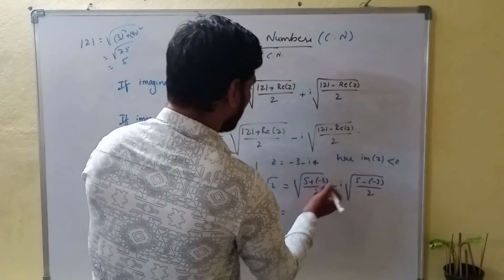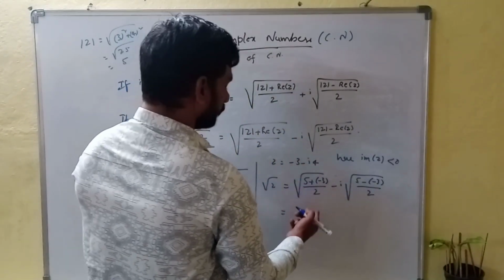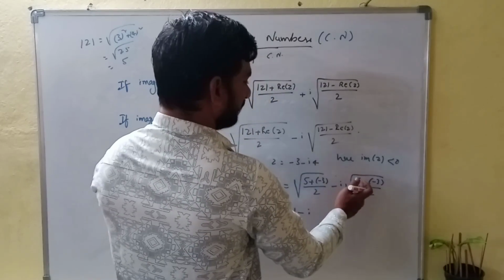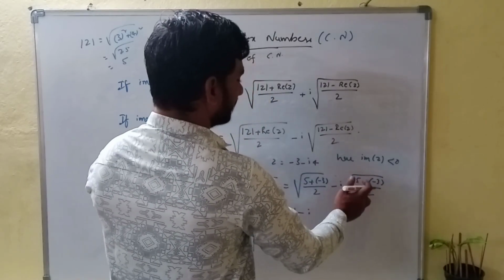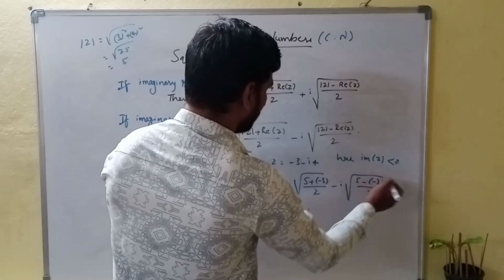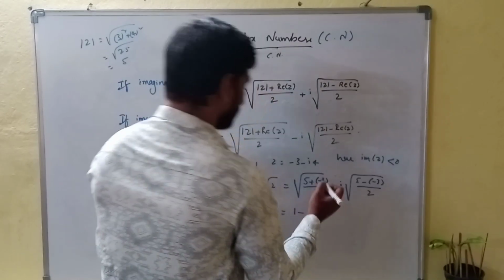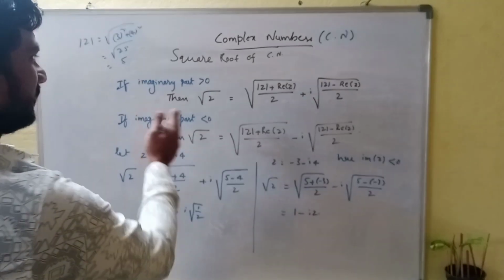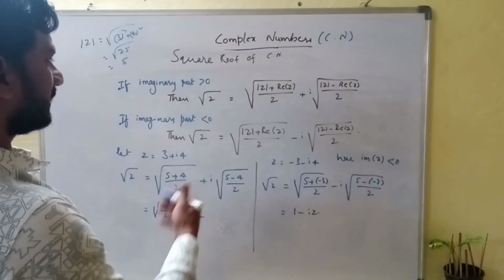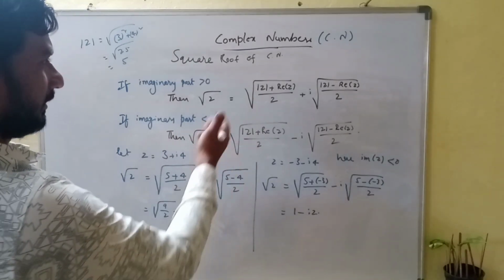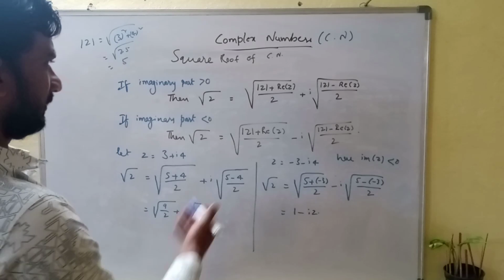So this will become 5 minus 3 is 2, 2 by 2 is 1. Again minus i into 5 minus of minus 3, so 5 plus 3 is 8. 8 by 2 is 4. So under root 4 value is 2. So this is the square root of z. So if you know the imaginary part is greater than 0 or less than 0, by knowing that we will substitute the given formulas according to the question.